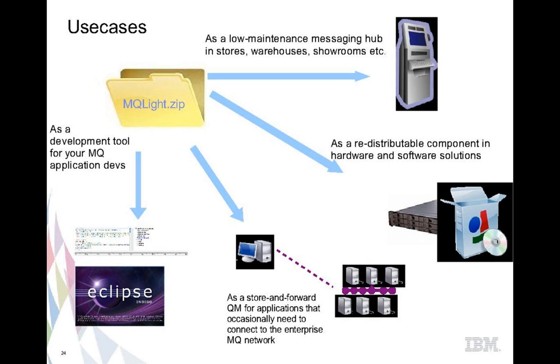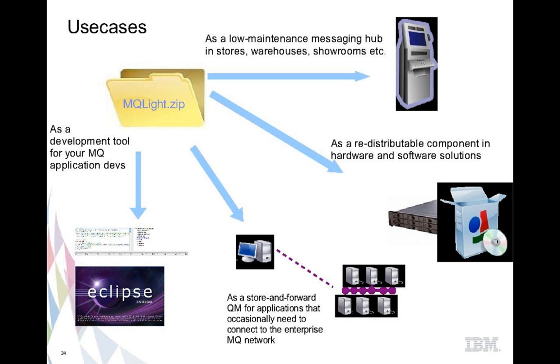So you have things running on this box, and all the while when it is connected, messaging is happening, it stores the messages, and once a day, it forwards all the messages that it received to the enterprise MQ.